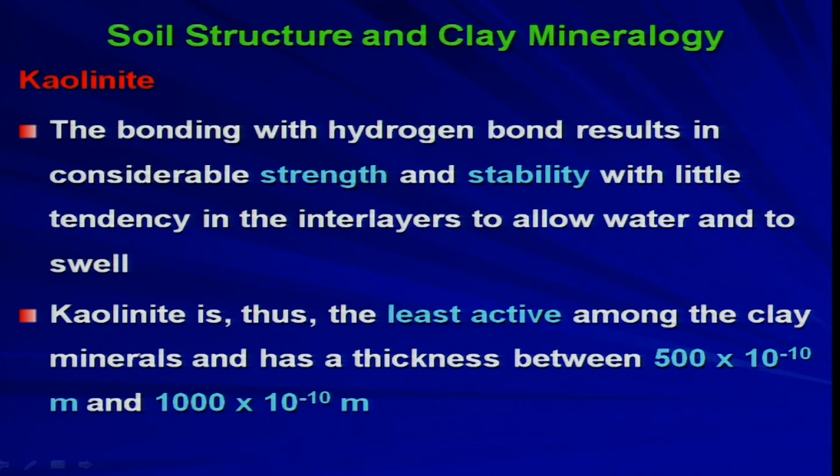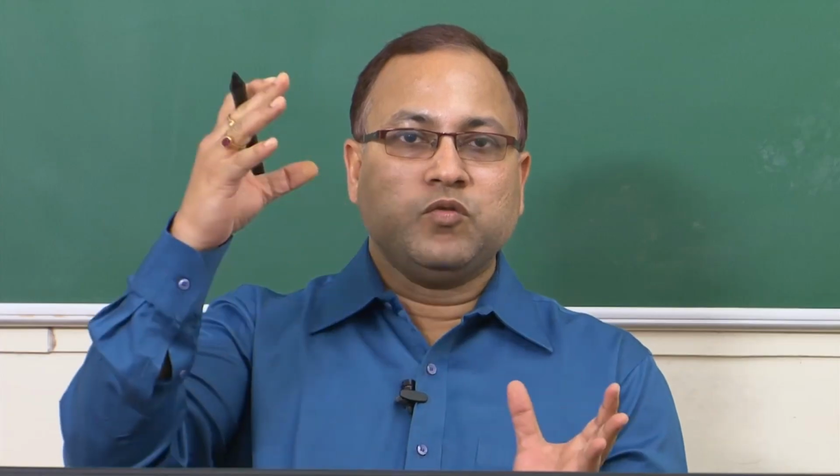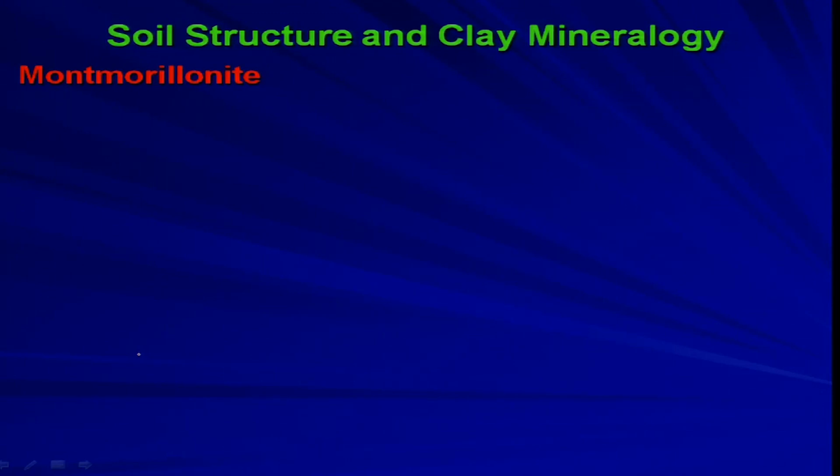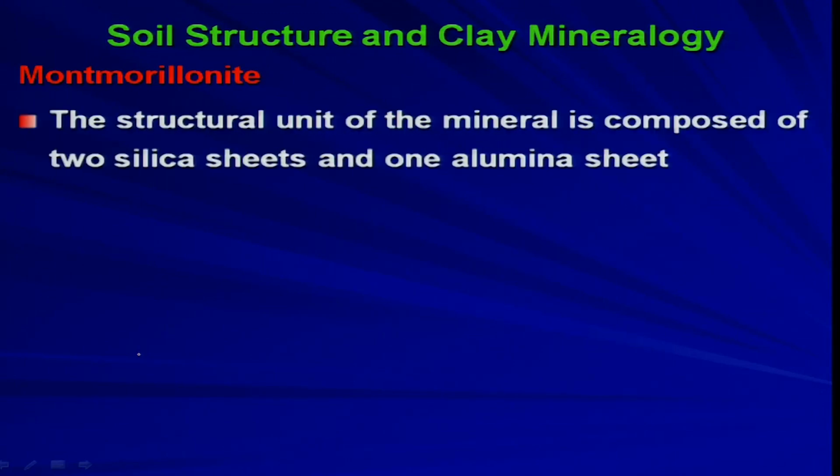Hydrogen bond will not allow any kind of foreign material or water to come inside the interlayer, because if you allow water to come inside the interlayer, that water will try to increase the volume of the structure, and ultimately the clay as a whole will be increasing in volume.